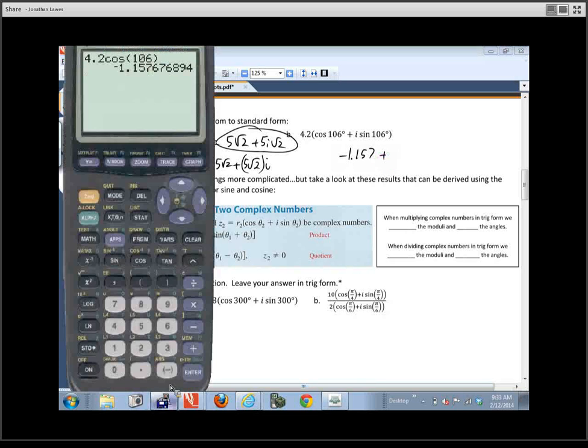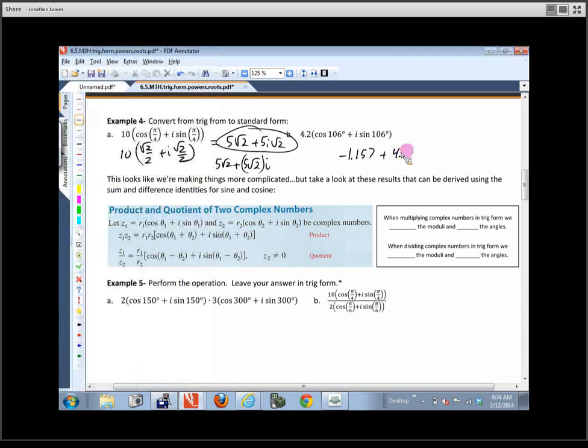And then plus, all I'm going to do is hit second enter. All I have to do is change this from a cosine to a sine, and I end up with 4.037. Any questions? Do I need anything else on here? Yeah, don't forget that i is sitting there for a reason. We're always representing a complex number.